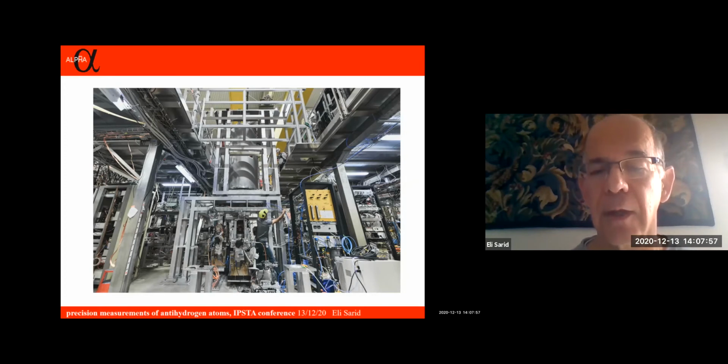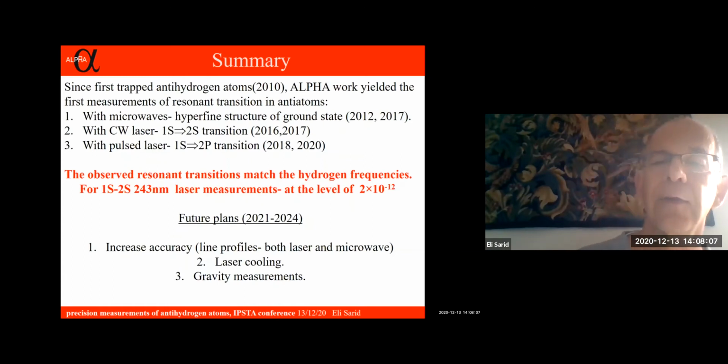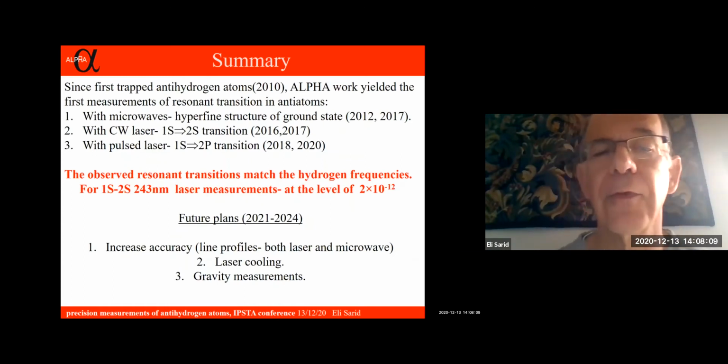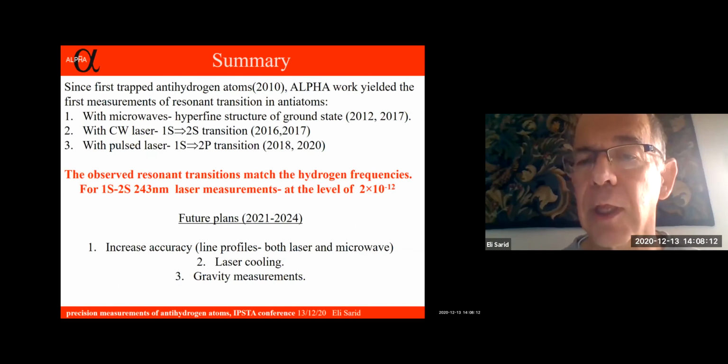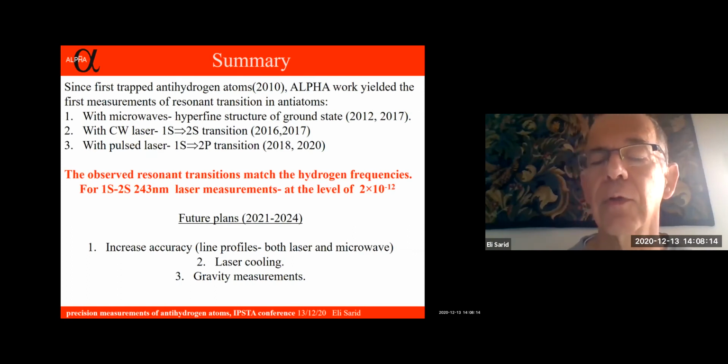You see it in the process of construction, and we hope to get to first physical results in the summer of this year.